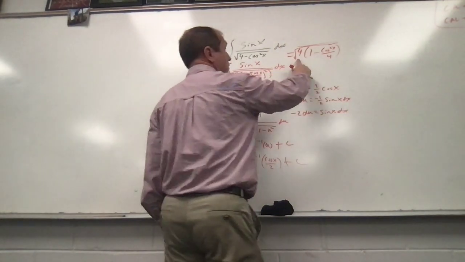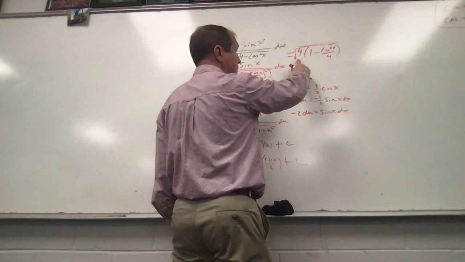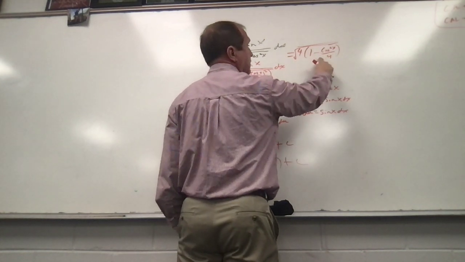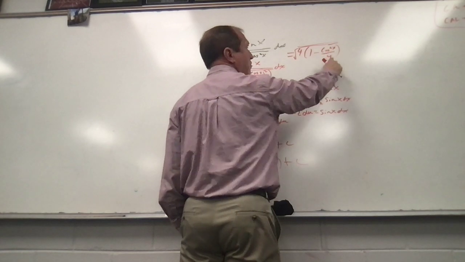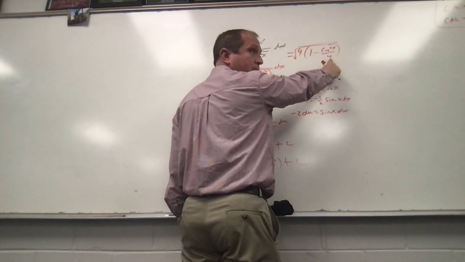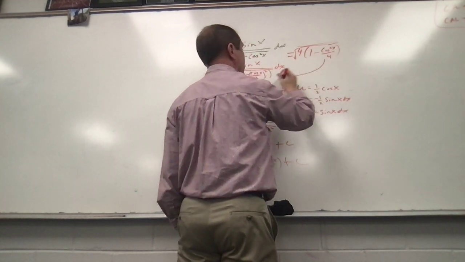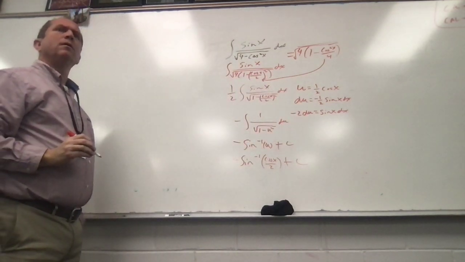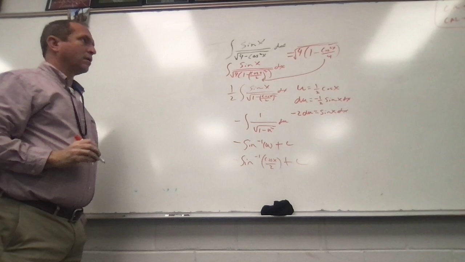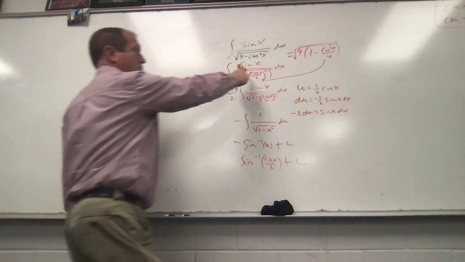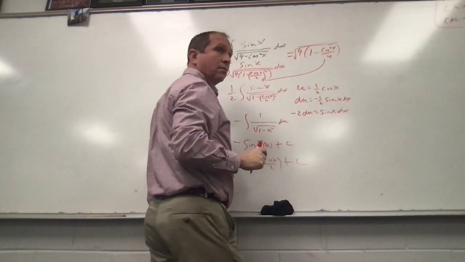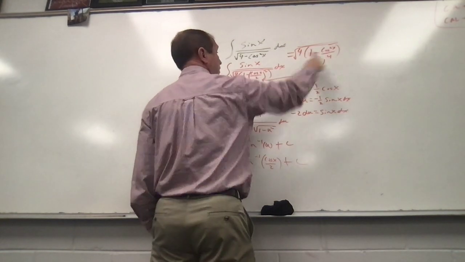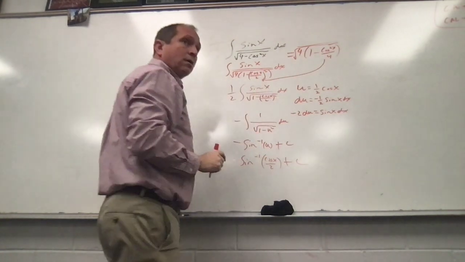Are you okay with this? Well, the cosine squared x, I've got a perfect square over a perfect square. So that's where I get that from. Cosine squared x is cosine of x squared, right? 4 is 2 squared.